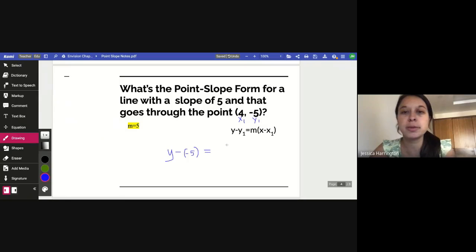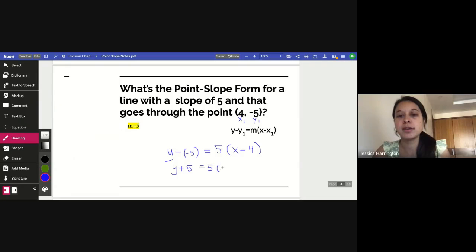M is a slope, that's +5, times x minus x1, x minus 4. There's only one thing I need to do to simplify it, which is to get rid of these two minuses. We don't want to leave them here. Hopefully you remember a negative times a negative is positive. So that just becomes +5 equals, and all the rest of it stays the same.